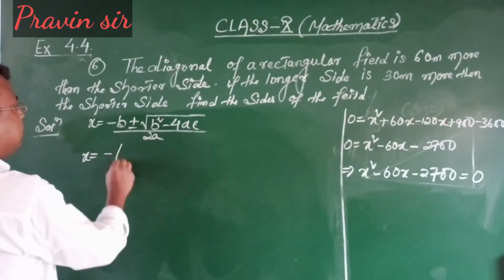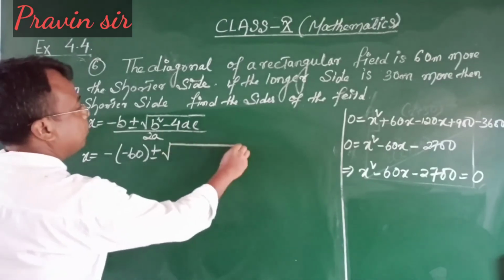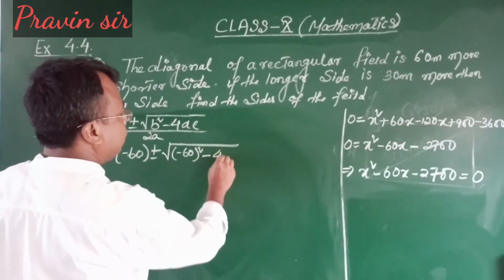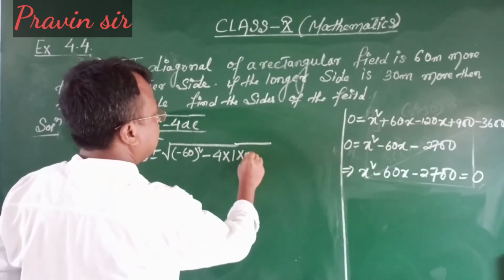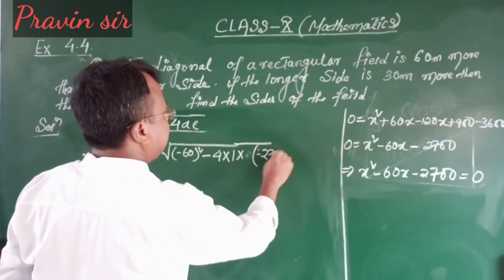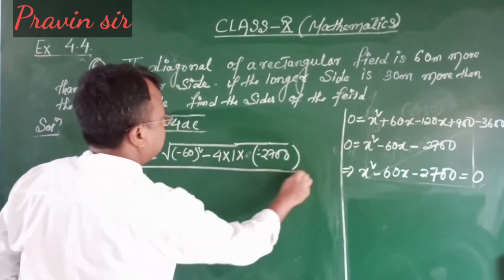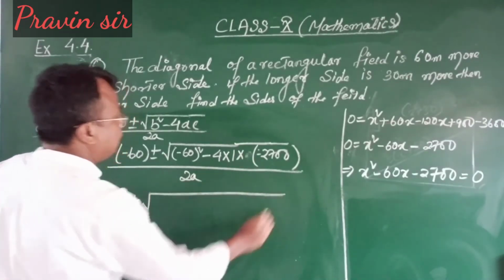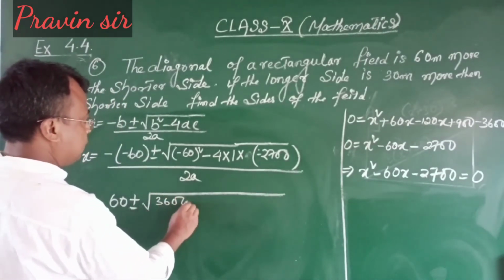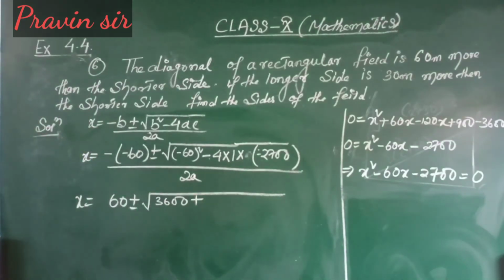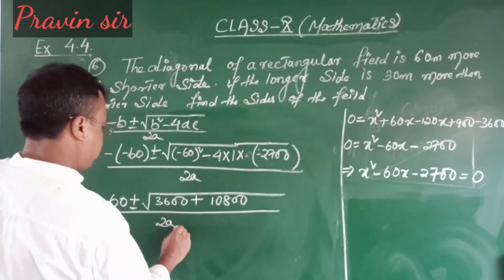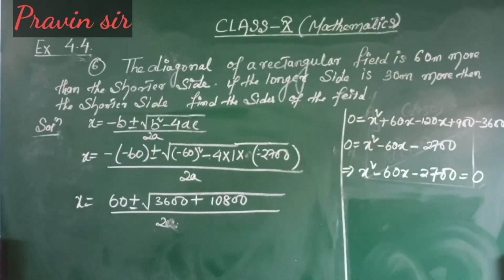Here b is minus 60, so x is equal to 60 plus minus root over (minus 60) whole square minus 4 into a, which is 1, and c is minus 2700, divided by 2 into 1. So 3600 minus 4 into minus 2700, minus into minus is plus, so 4 into 2700 is 10,800.